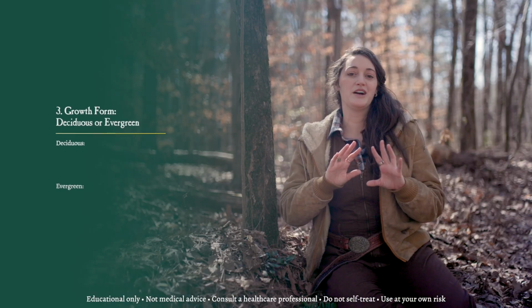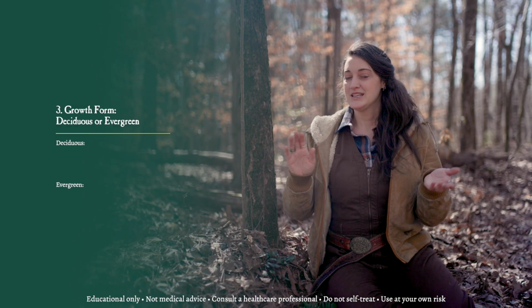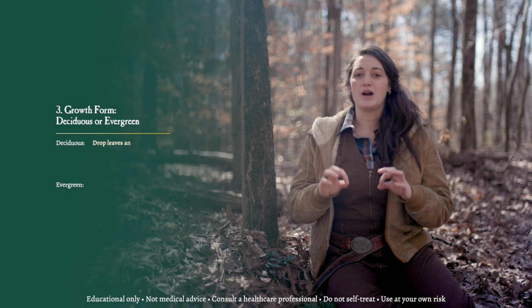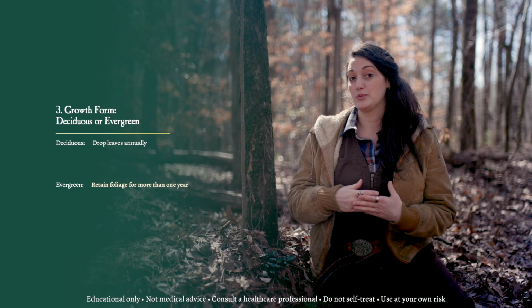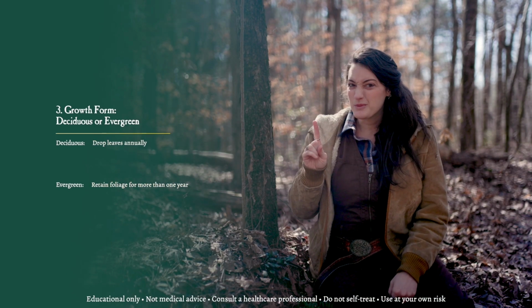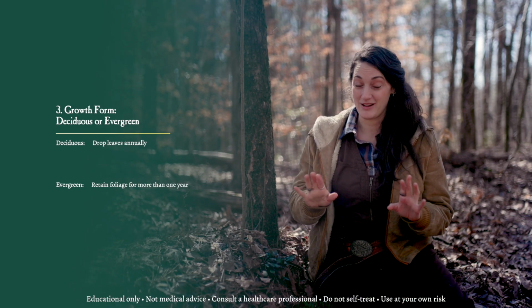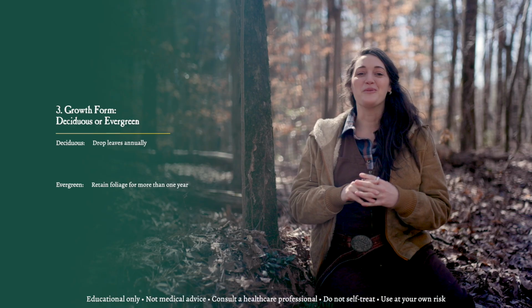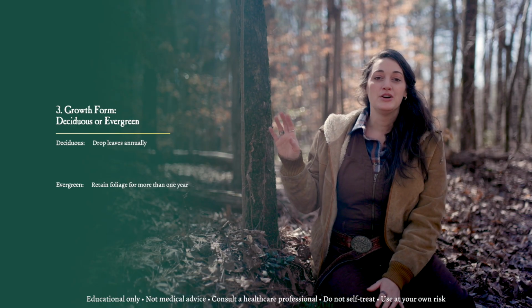All right, let's move on to framework 3, deciduous or evergreen. So deciduous plants drop their leaves annually. Evergreen plants retain foliage for more than 1 year, except when someone learns about deciduous conifers and their brain explodes and they think botany's a scam. So when you're out in winter, look up. Is the canopy bare?